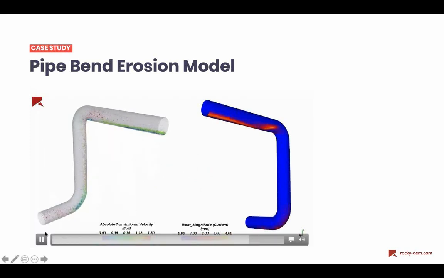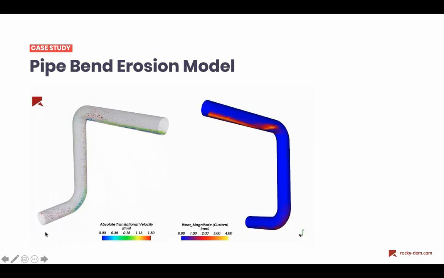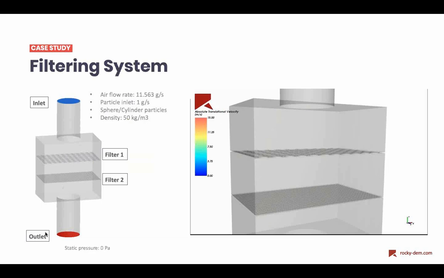And the difference from Rocky to the other codes is that the forces and the stresses go, in terms of accuracy, one level above because of the shapes and the edges effects that we are taking into account.